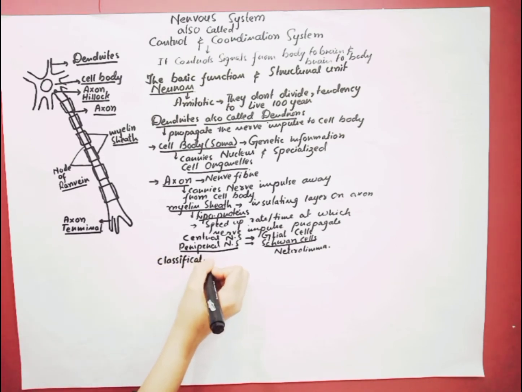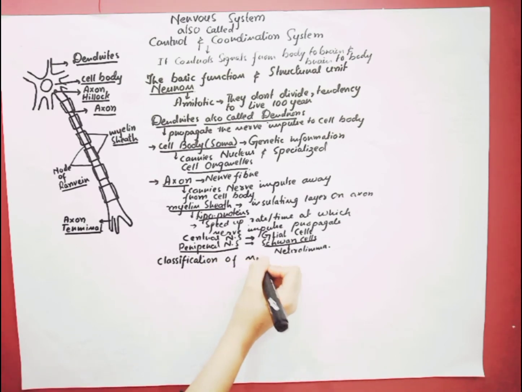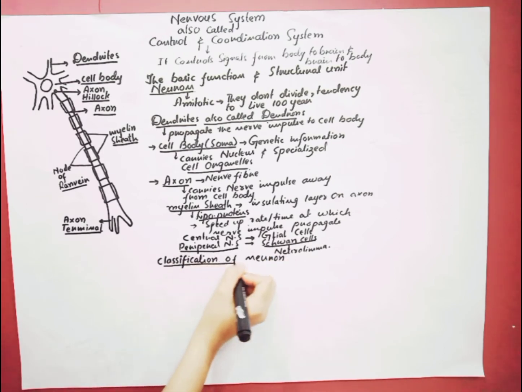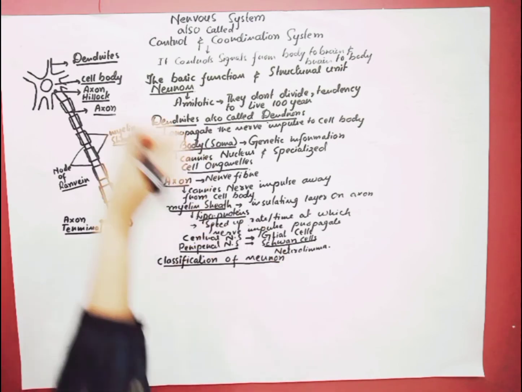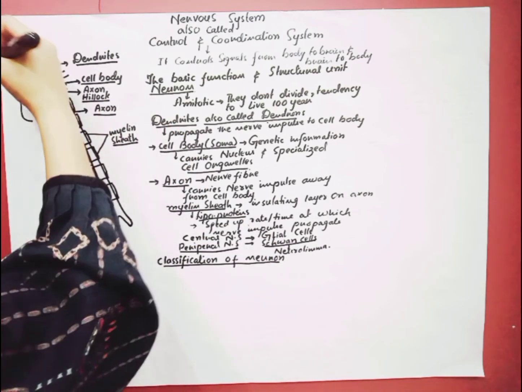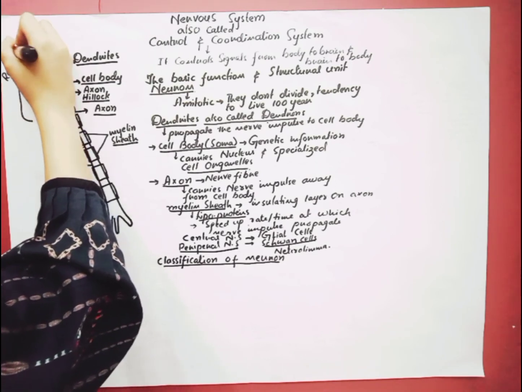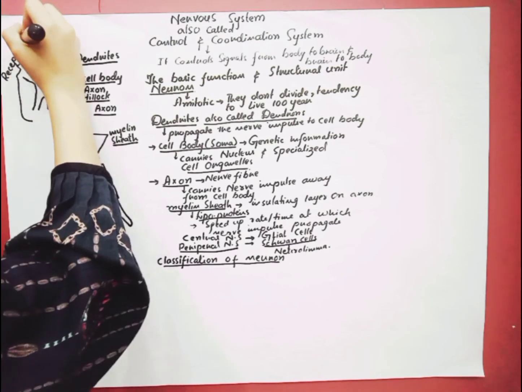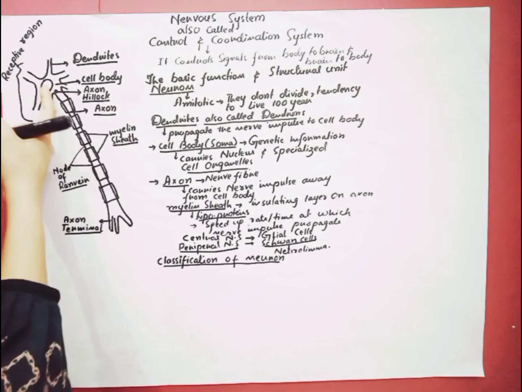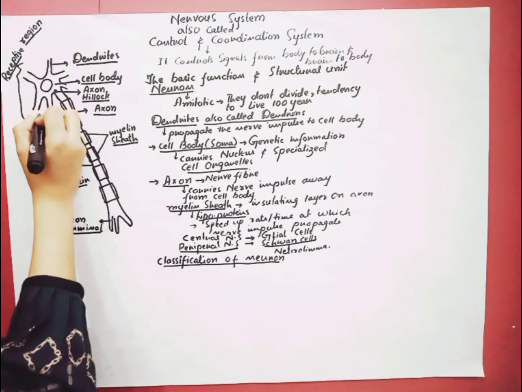Classification of neuron. Before this, I have one point to tell you. These dendrites are the receptive region of neuron. They receive nerve impulse from other neurons, so this is the receptive side of neuron.